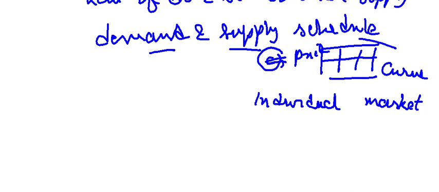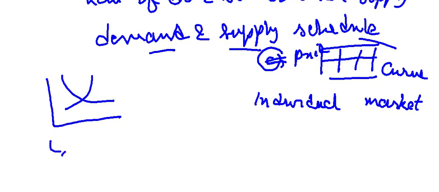And with this we have to know the movement and shift of the demand and supply curve. This means, if there are demand and supply curves, I'm just drawing something like this, there are two things which happen. We'll go into detail of all of it when we go into the chapter in later videos.